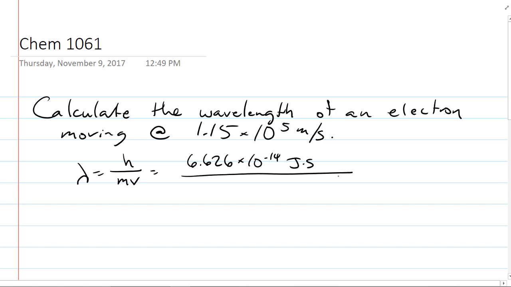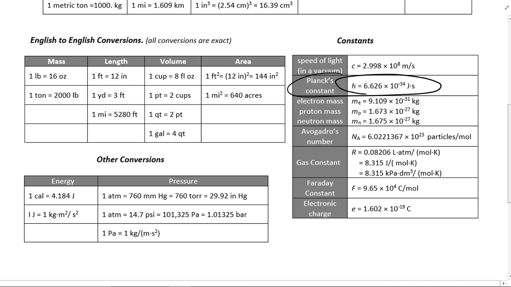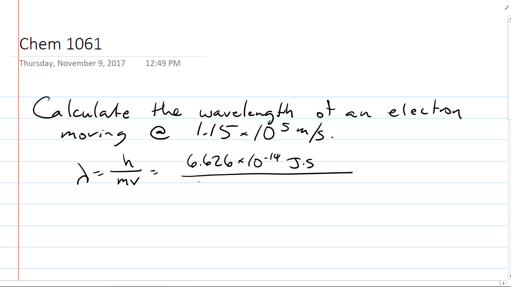And we're going to divide this by the mass of an electron, 9.109 times 10 to the negative 31st kilograms. And then the speed, of course, would be 1.15 times 10 to the 5th meters per second.